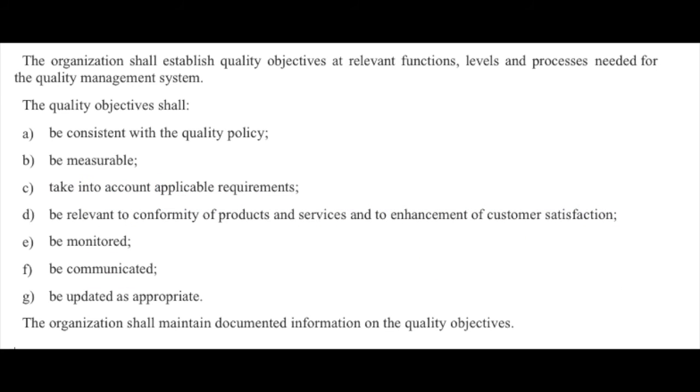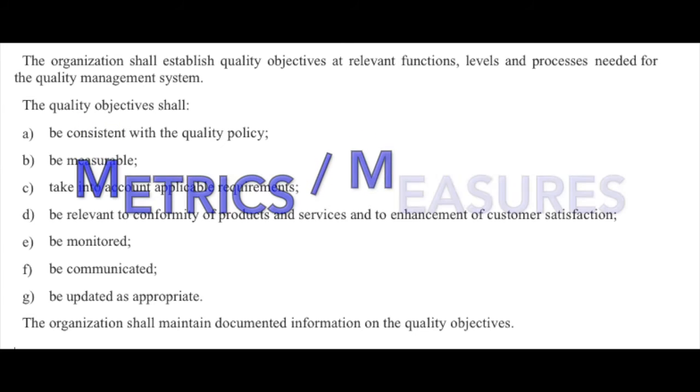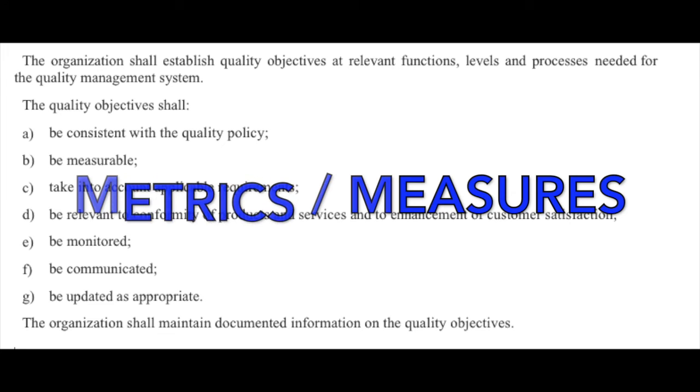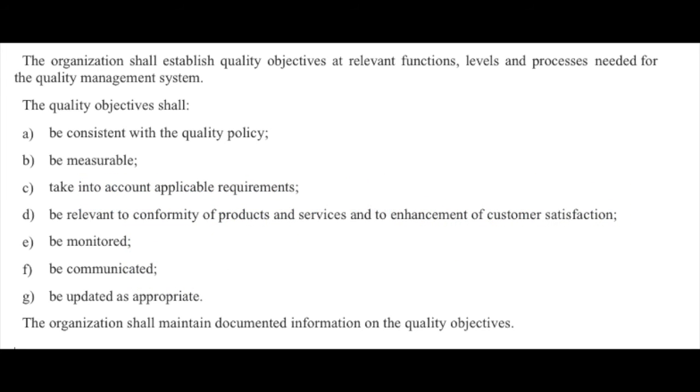The quality objectives must be measurable, and the effectiveness of the controls or the plans to achieve the quality objectives will be evaluated during review of the key performance indicators, metrics, and measures that support the quality objectives.